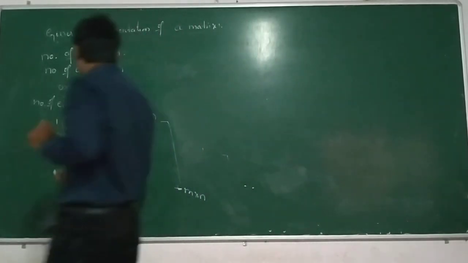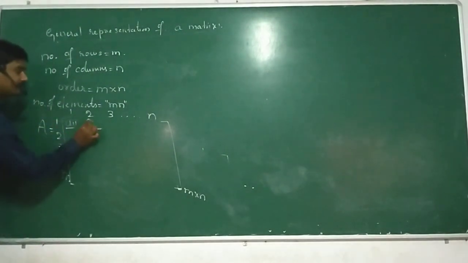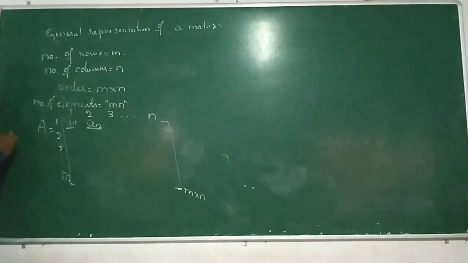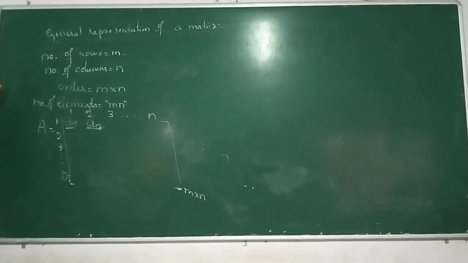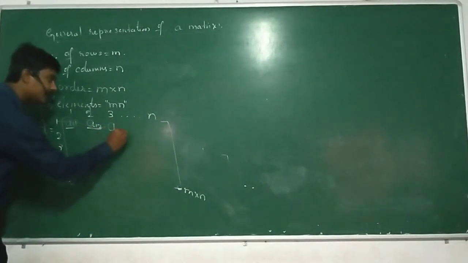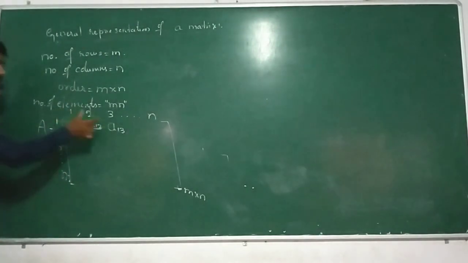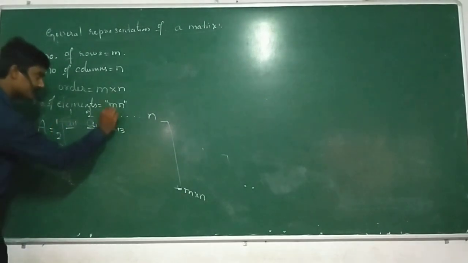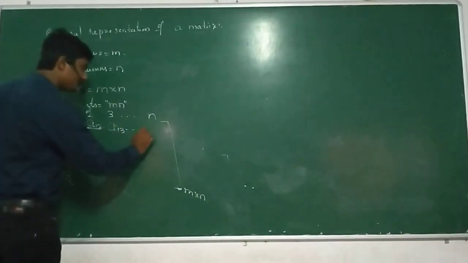So I will write this element as A12 because it is present at the intersection of the first row, second column. The element here will be written as A13, because it is at the intersection of the first row and the third column, and so on.